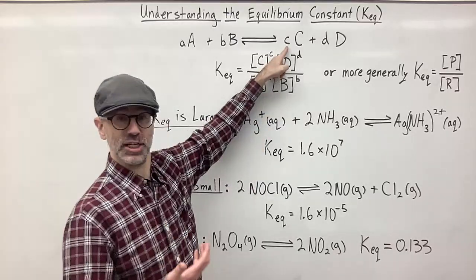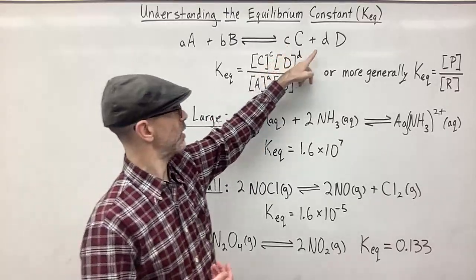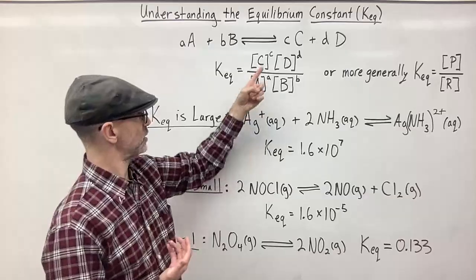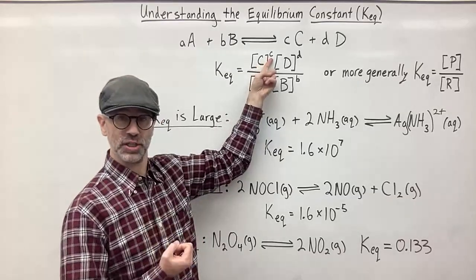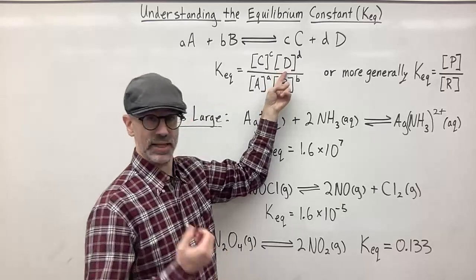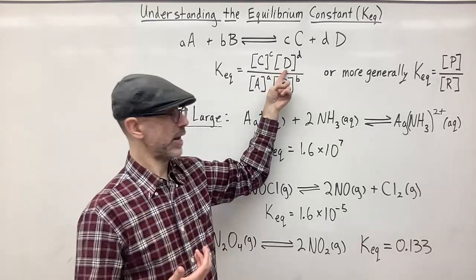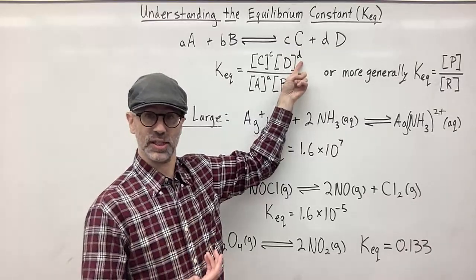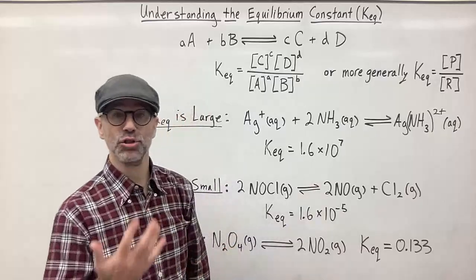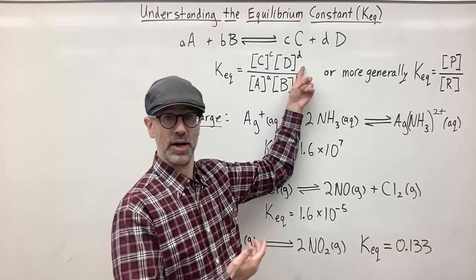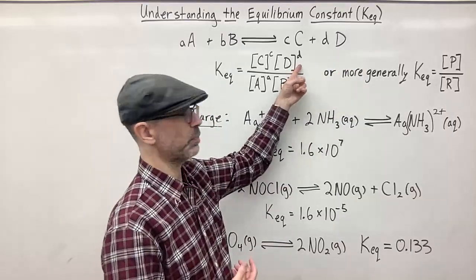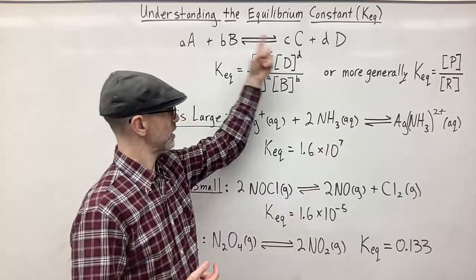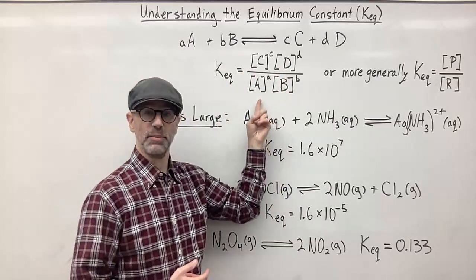Remember, the little c is the coefficient of C, little d is the coefficient of D. So I take the concentration of C and I raise it to the power of the coefficient of C. And I multiply that by the other product, D, raised to the power of its coefficient, which is little d, right? And if I have more than two products, then I would multiply by the next product. So if I had E here, then it would be multiplied by E raised to the E coefficient, and so on. So I have the products here, and then they're going to be divided by the reactants.